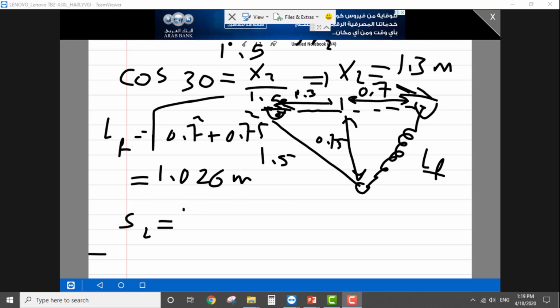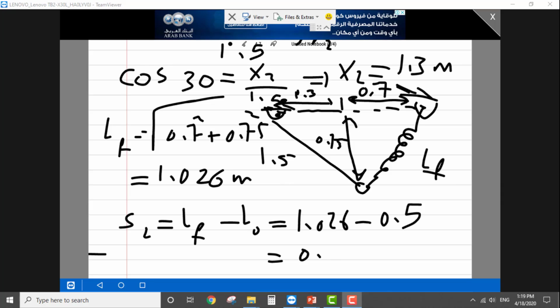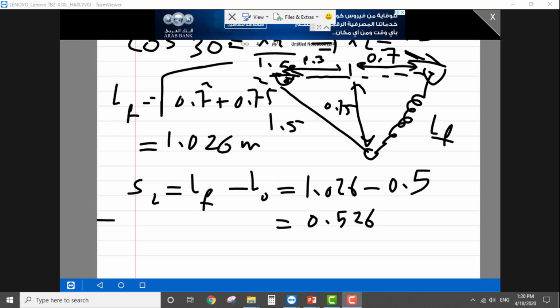So the stretching S2 is equal to L final minus L initial. L final 1.026 minus L initial, given in the problem statement, 0.5. Then the final stretching is 0.526 meter.